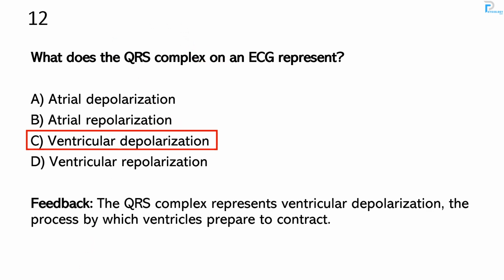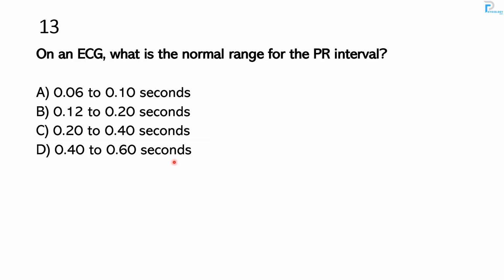On an ECG, what is the normal range of PR interval? The PR interval is something very important to note in ECG. PR indicates the time for the impulse to be conducted from atrium to ventricle, because P is atrial depolarization, QRS is ventricular.